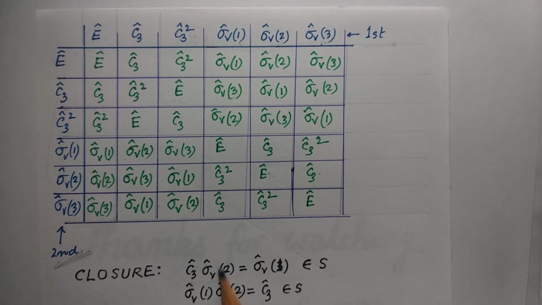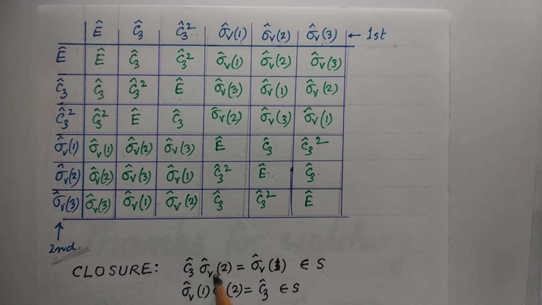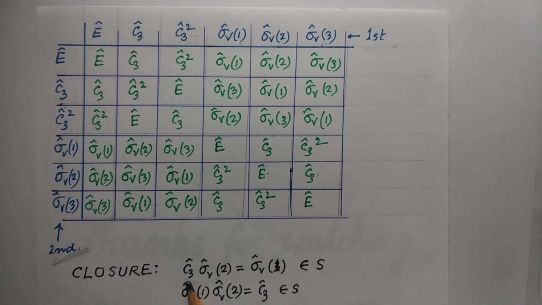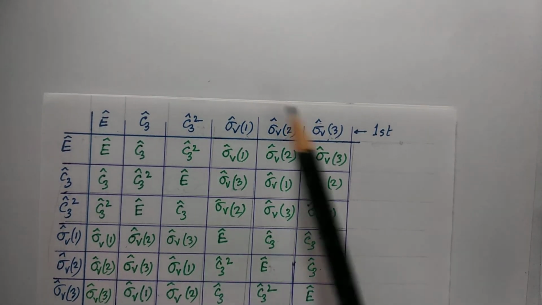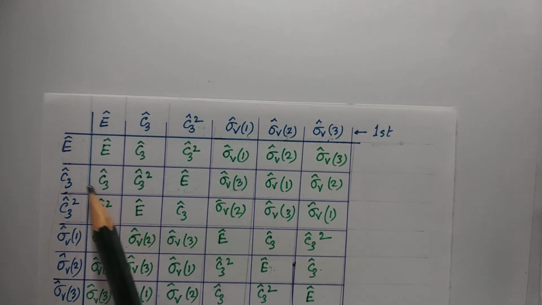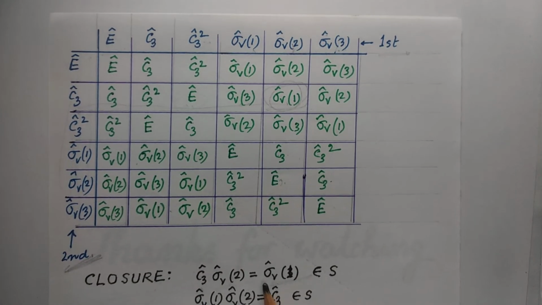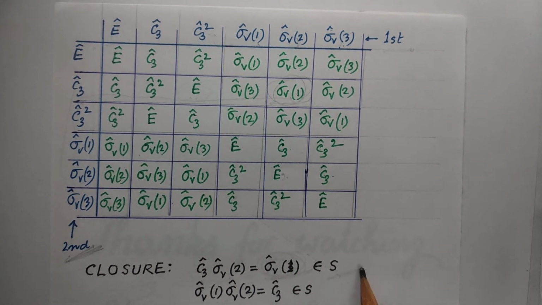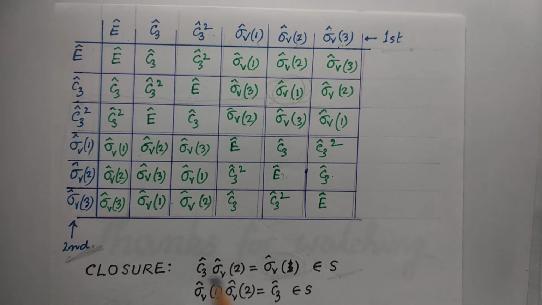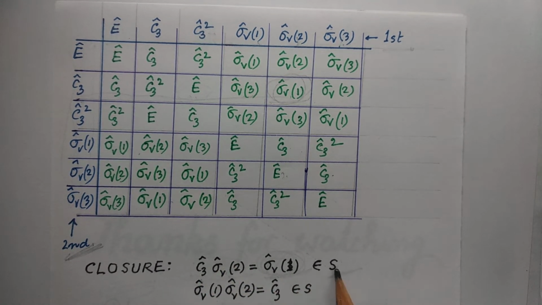If we combine them, that is multiply them, then sigma V2 first followed by C3 will give sigma V1 from this table. And this operator also belongs to S. These two belong to S, and their product, sigma V1, also belongs to S.